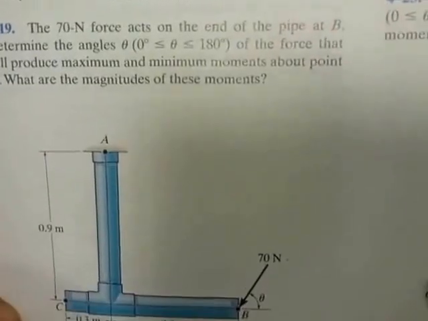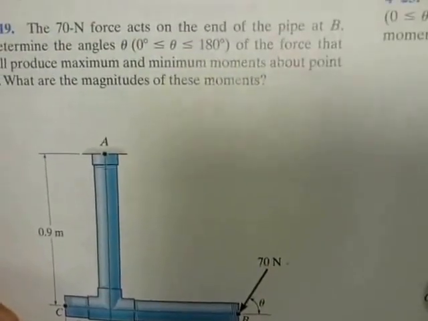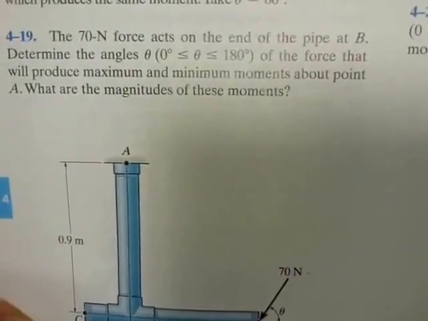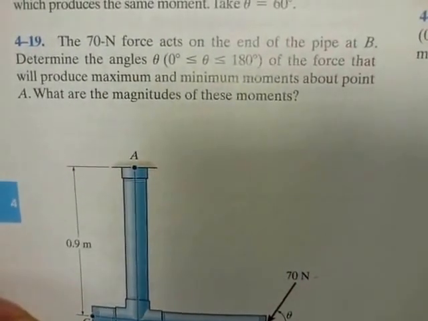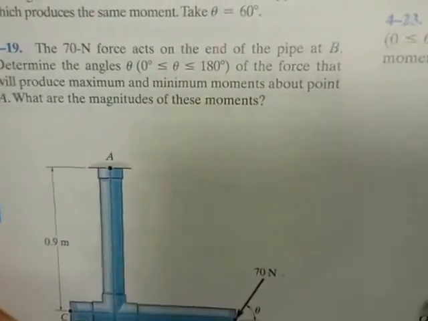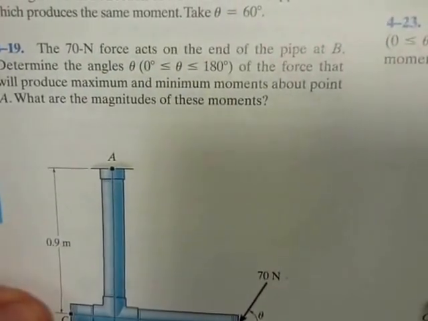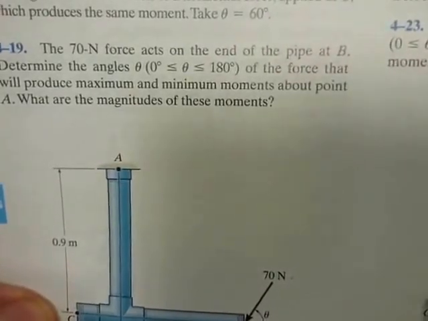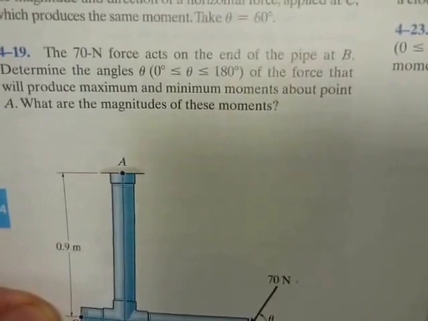Determine the angles theta, theta must be between 0 and 180 degrees, of the force that will produce maximum and minimum moments about point A.